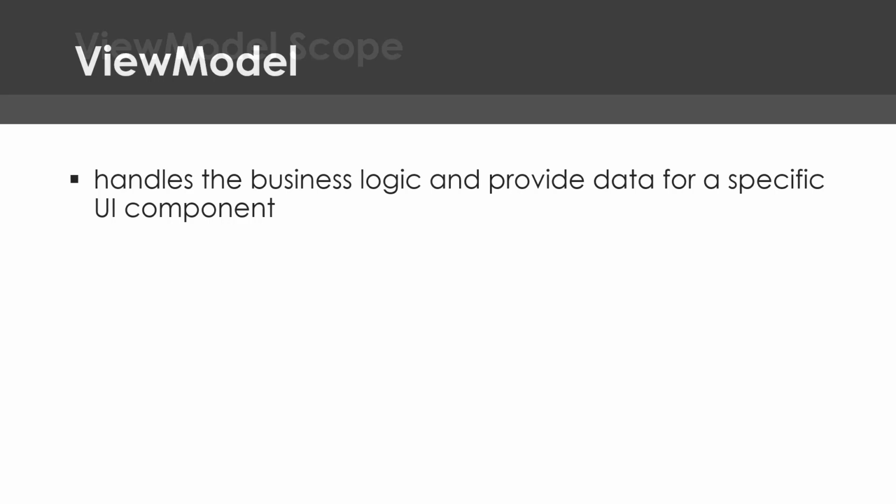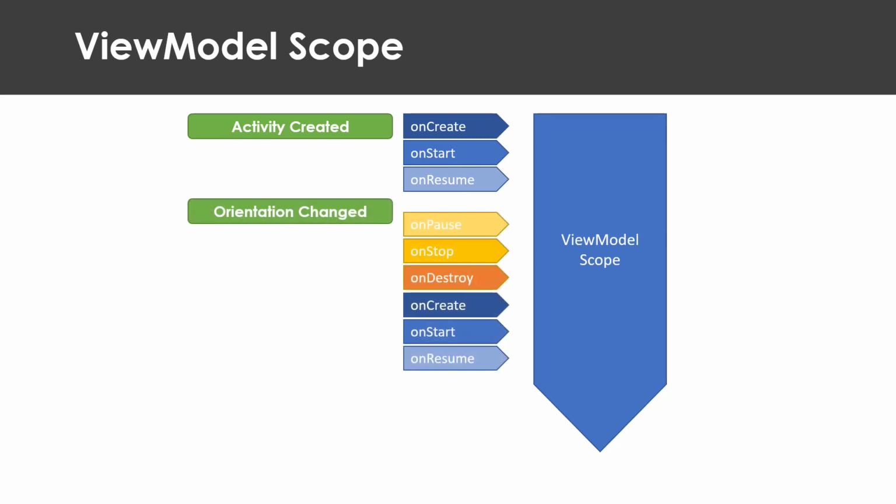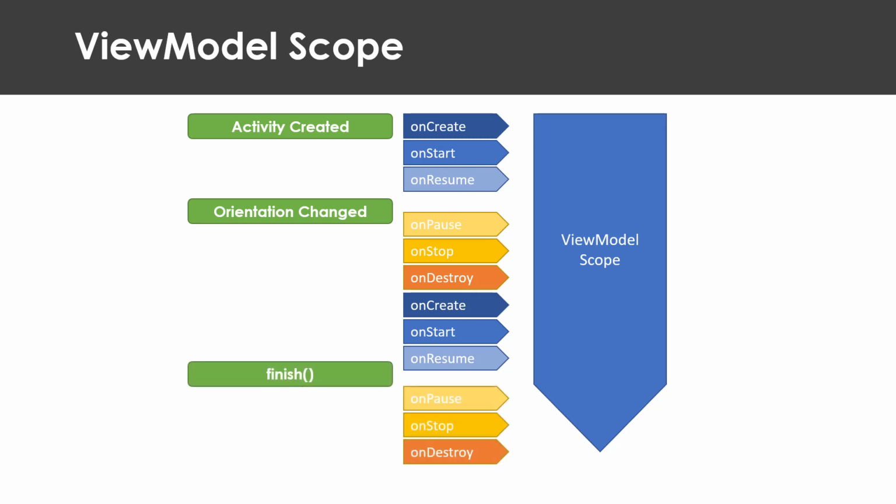With a view model associated with an activity, when the activity is first created, so is the view model. But then, as the device is rotated and the activity is destroyed and recreated, the view model remains in memory. And only when the activity is destroyed permanently does the view model's onCleared method get called and it goes away.